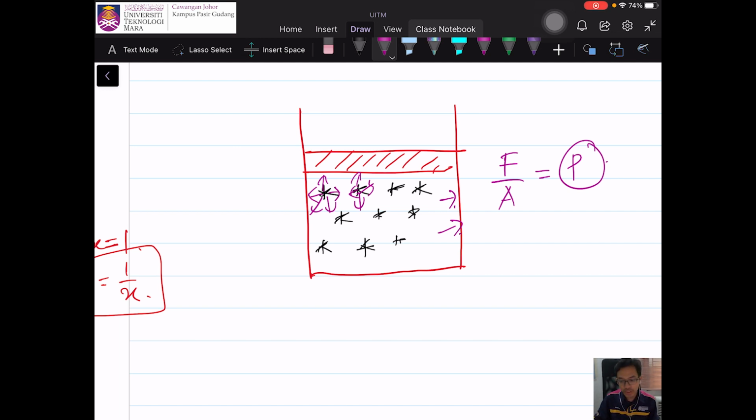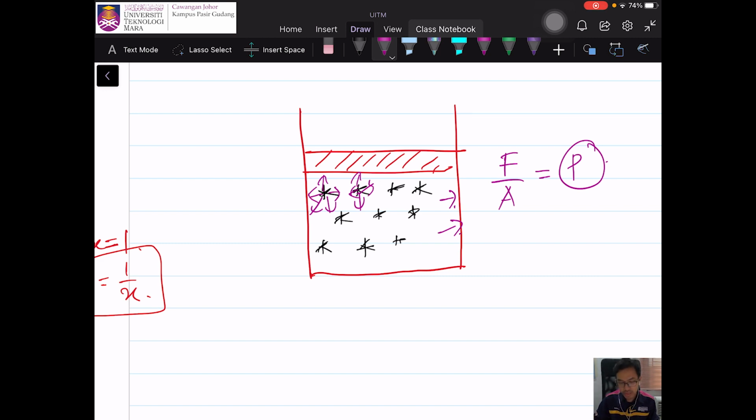This is due to the collision of the gas atoms or molecules with the wall of the container. If you have a higher force, you will produce higher pressure. As the motion of the gas particles is completely random, the pressure exerted at any position of the surface is the same.